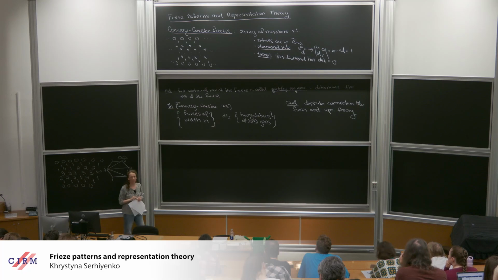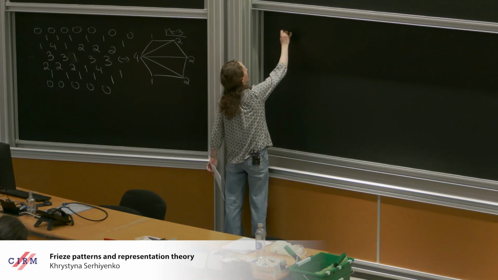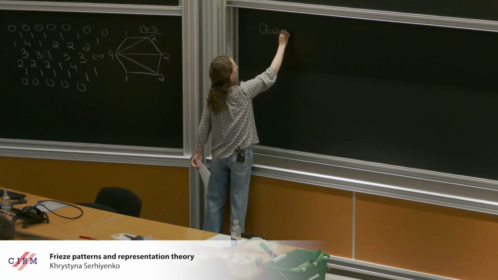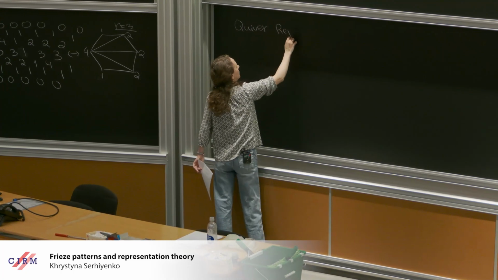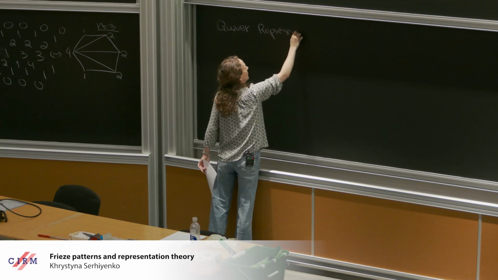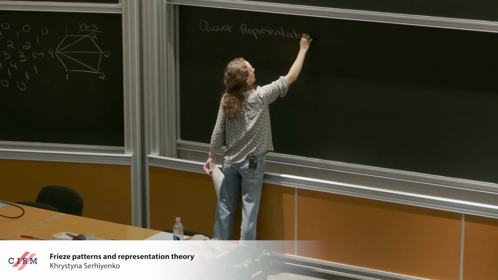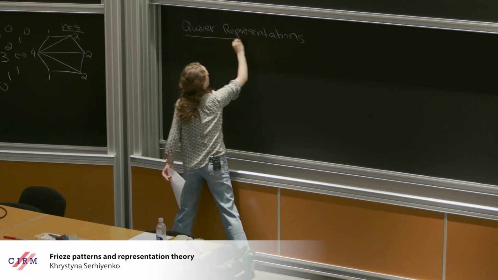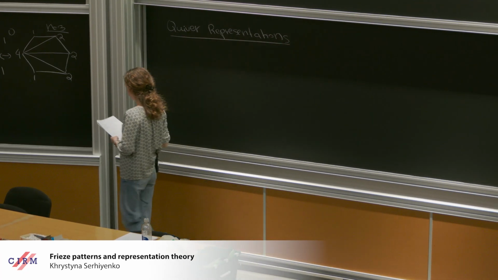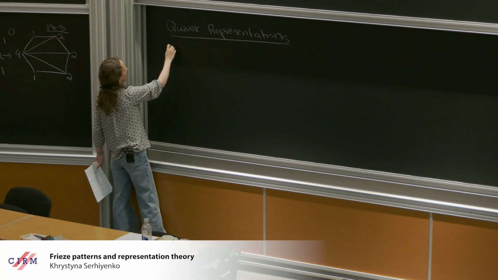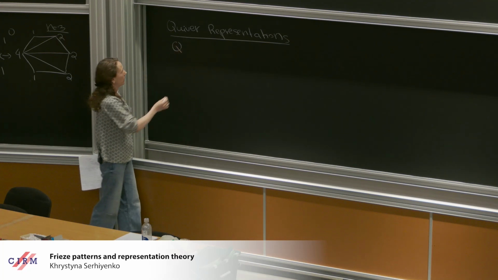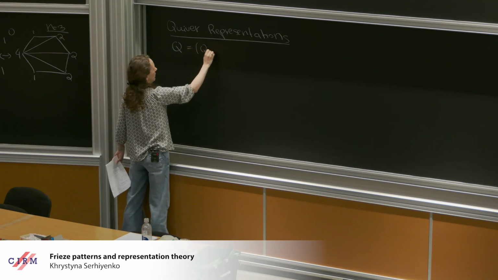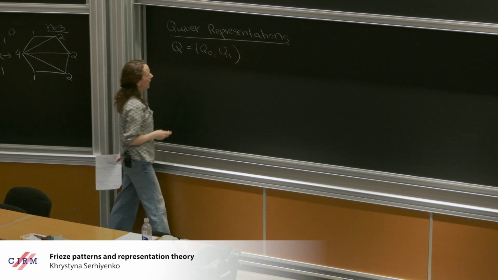Okay, so I'm going to start now with the basic quiver representations. Introduction to quiver representations. Okay, so Q is going to denote my quiver, and it consists of the set of vertices and the set of arrows.